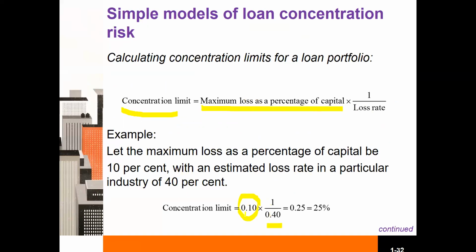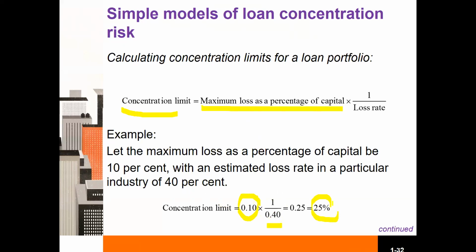So the maximum affordable loss in that sector is 10%, and we divide by 0.4, where 0.4 is the per dollar loss if a loan defaults in that sector. If we calculate it, we get 25%, which means that the maximum loan that can be provided to this sector is 25%.